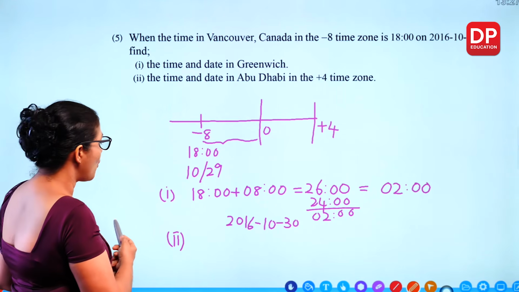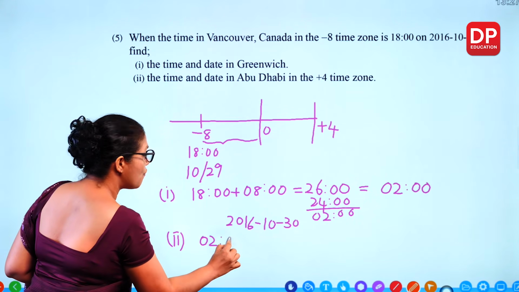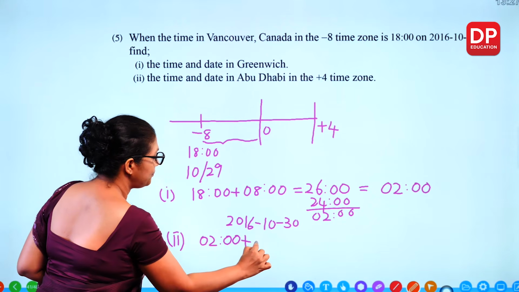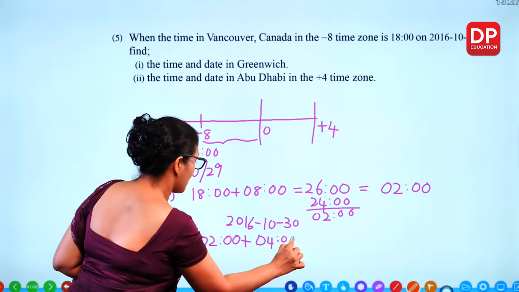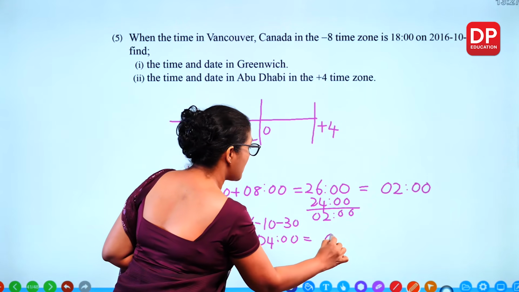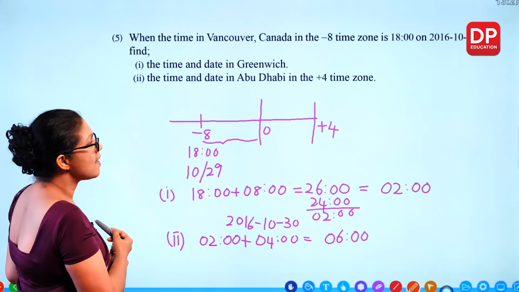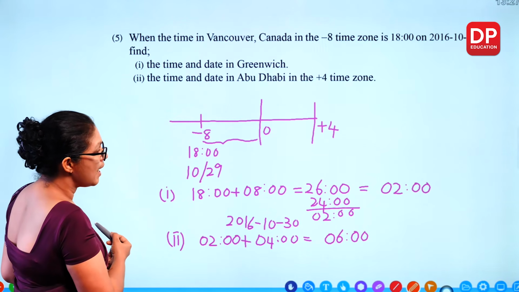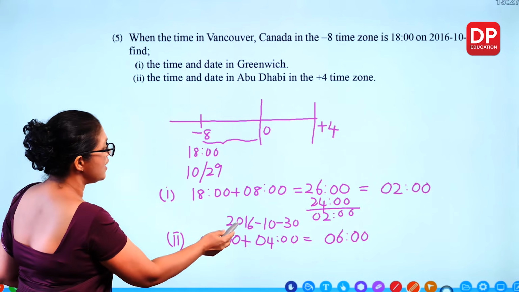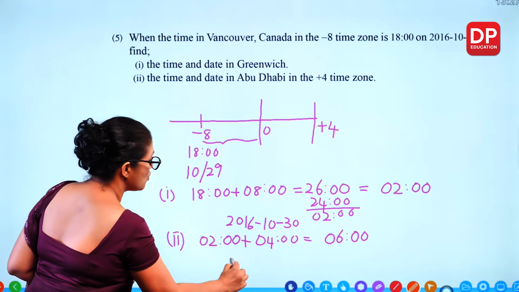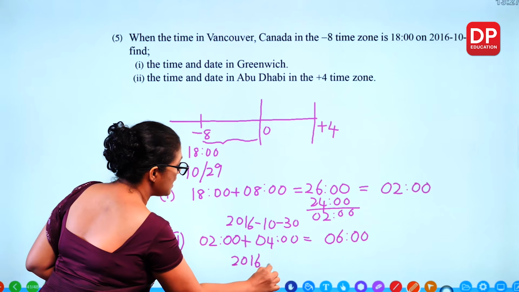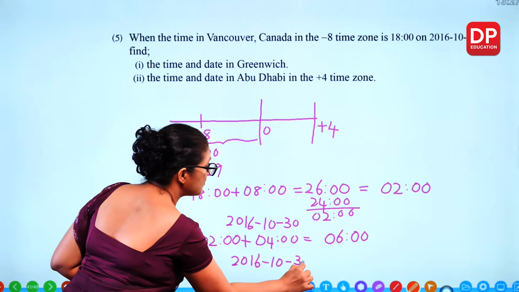So 2 plus 4, add 4 hours to that. You get 6 in the morning. So same day as Greenwich. So what's the day? 2016, 10/30.